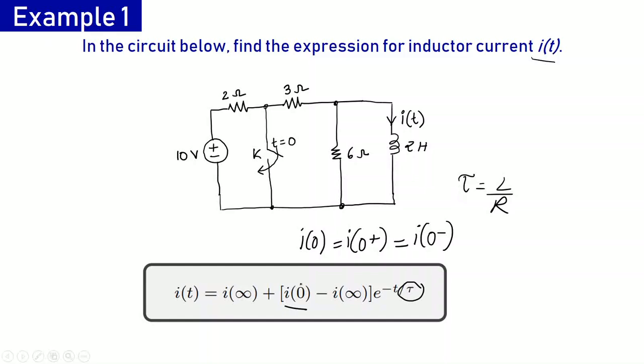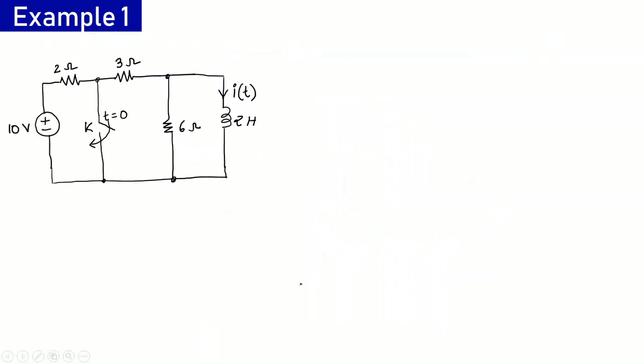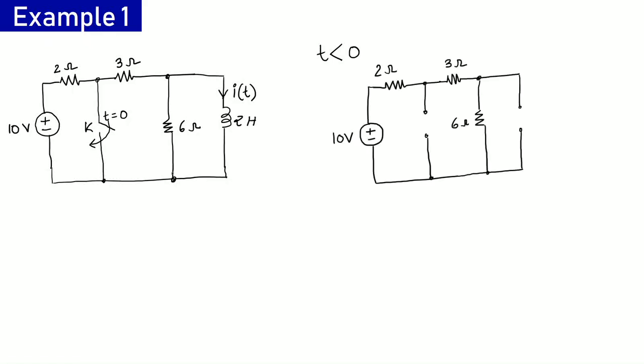Let us start with I0. I'll redraw this circuit for the case when this switch was open, that is for the case when t was less than 0. Once we do it, we know that this switch was off and the circuit was already in a steady state, which means that this inductor was acting like a short circuit.